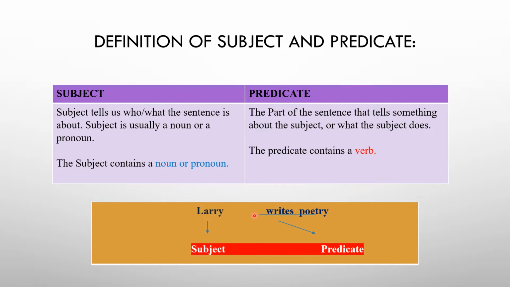Let's see the example. Larry writes poetry. So over here you can see this is the subject part. Why? Because as you have seen, the subject contains a noun or a pronoun. So this word Larry is a noun. So this is the subject part, while writes poetry, writes over here is a verb, so it will be the predicate part.